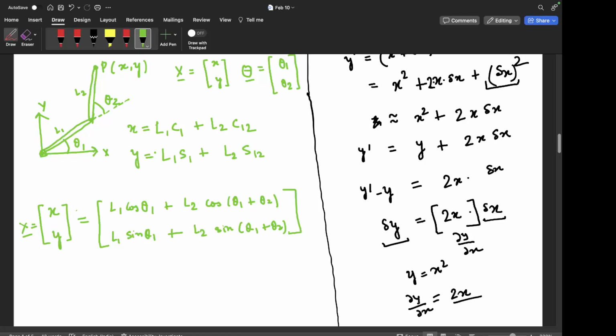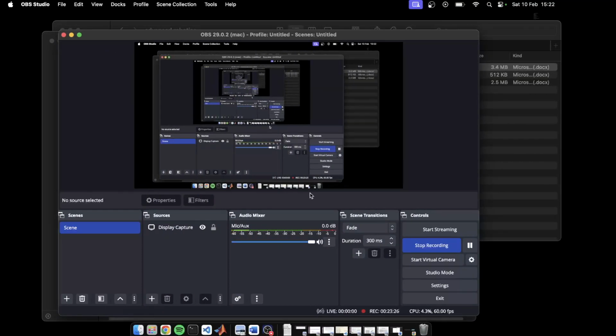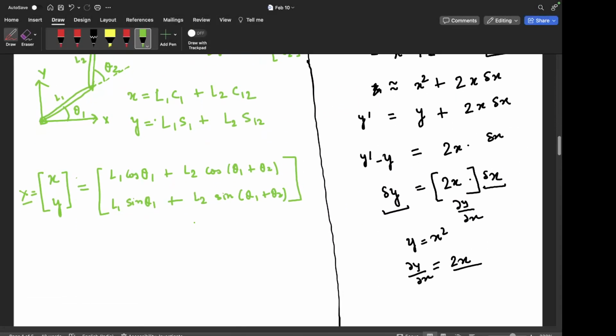Okay, so now just take a moment and take the derivative of this vector with respect to theta 1 and theta 2.